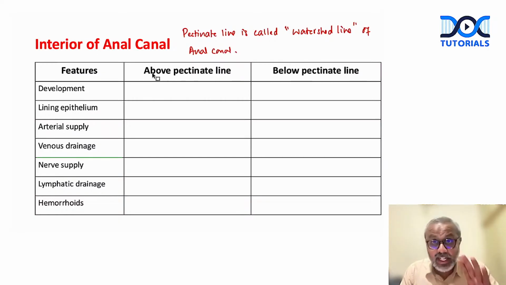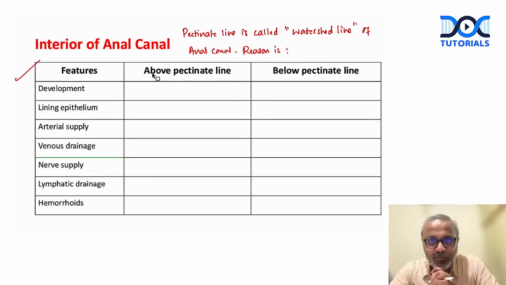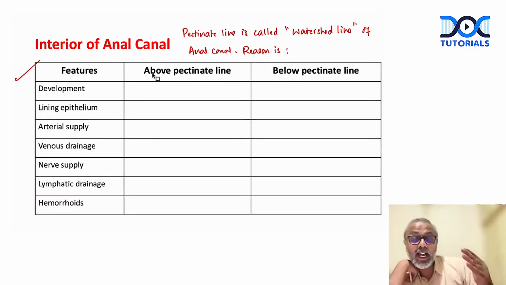The reason is you need to show it in the form of a table. Are we clear? So above the pectinate line and below the pectinate line, everything differs in the anal canal.